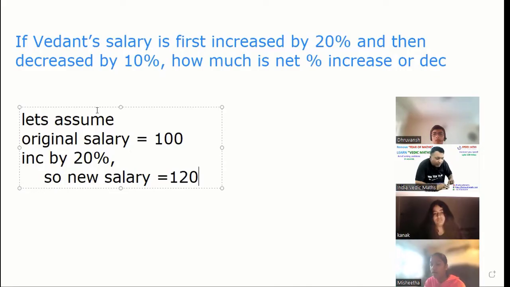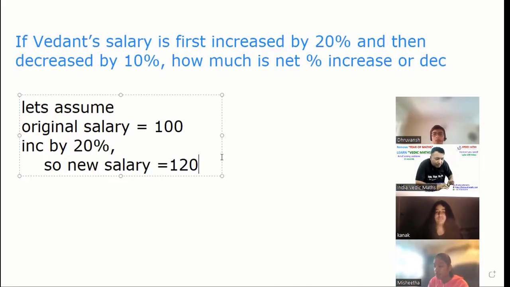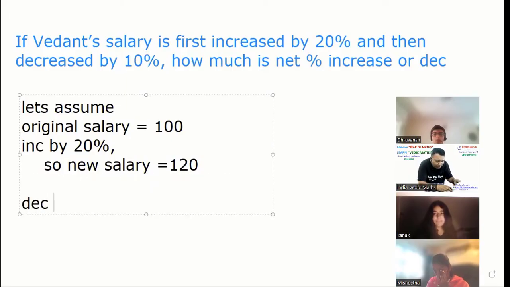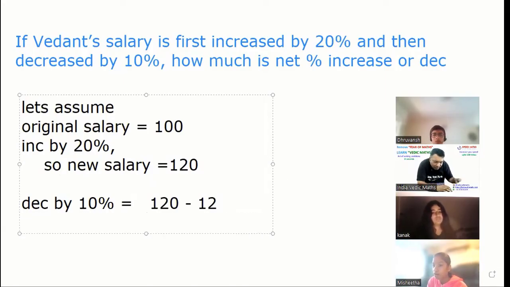Good. Now what does the next statement say? Decreased by 10%. What is 10% of 120? 12. So the salary was 120 and decreased by 10%. So 12 is decreased. What is the new final salary now? 108. Very good.